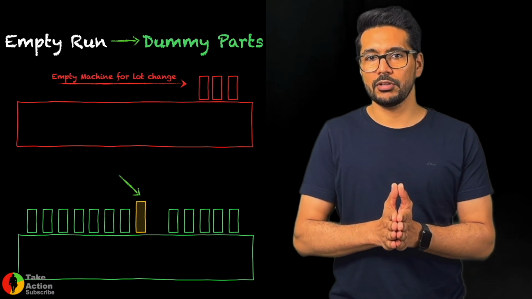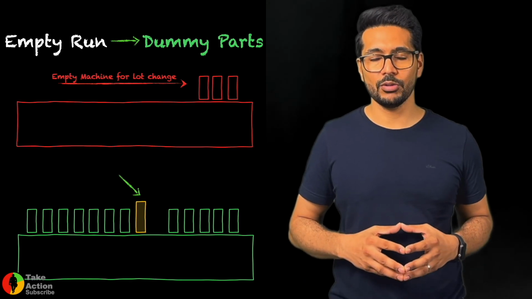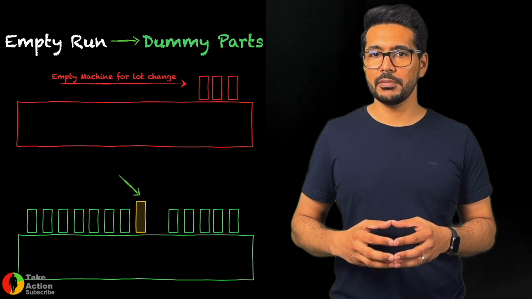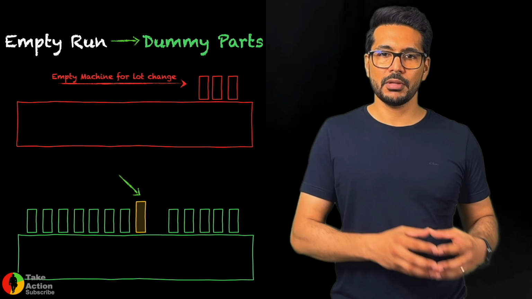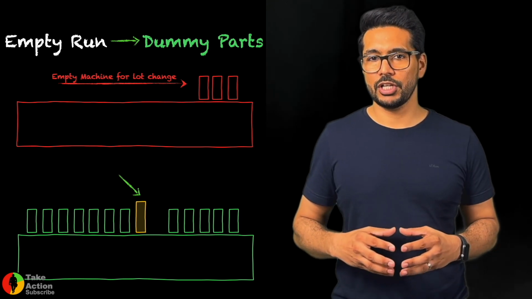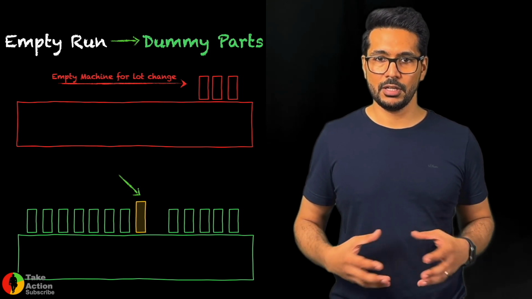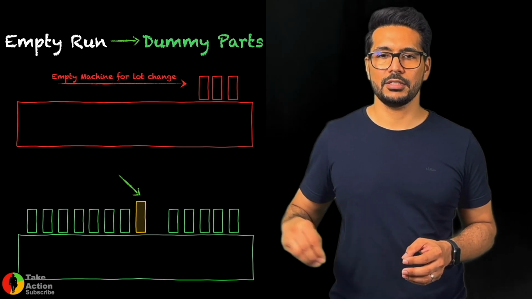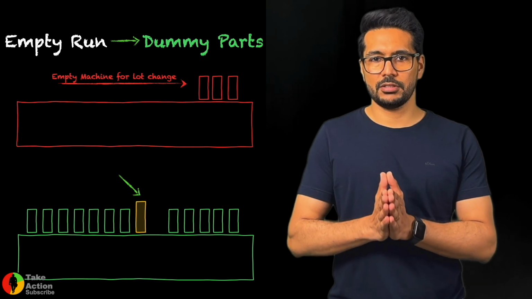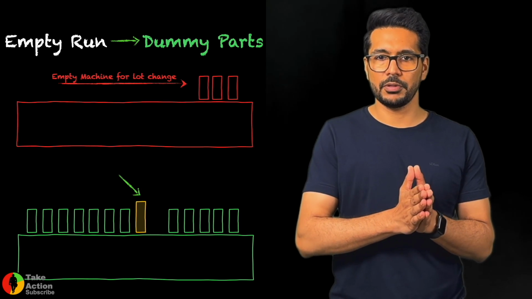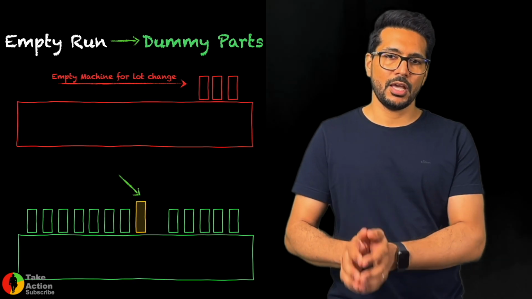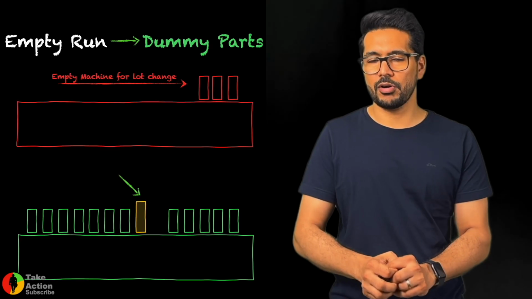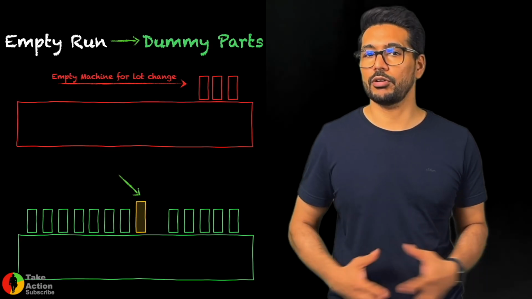In case we cannot rely on the operator, we can also think of a limit switch or any sensor which can sense that the dummy parts are different in shape or color. As soon as these parts reach the end, the sensor or the limit switch will be triggered and the machine will be stopped, and the operator goes and separates the job orders, and after that runs again, and we save a lot of time with that.